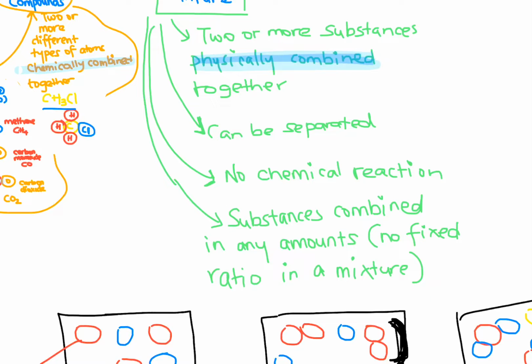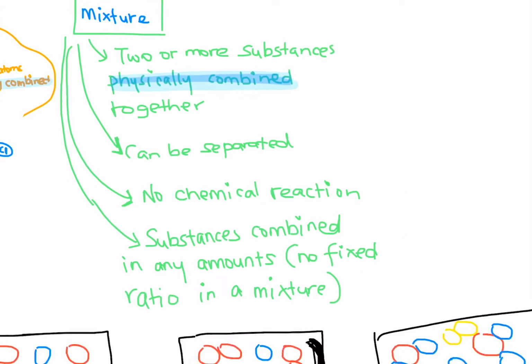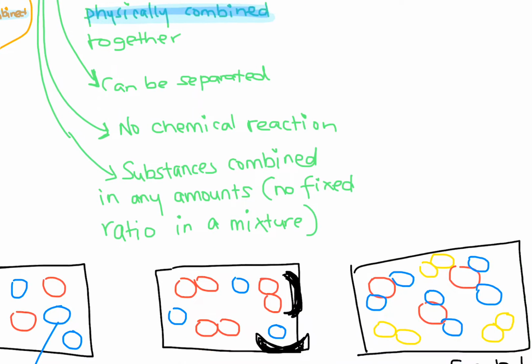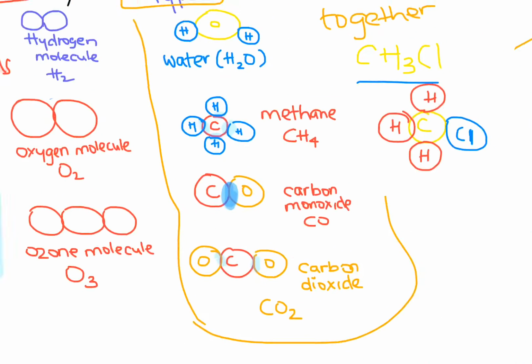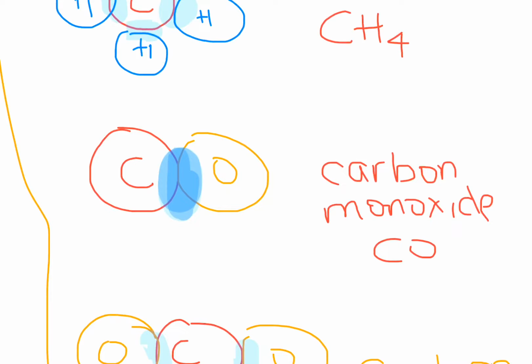There is no chemical reaction in the formation of a mixture, and the substances can be combined in any amounts, which means that if you're making salty water, you can add any amount of salt to any amount of water. You'll still end up with salty water. But let's say you're making carbon monoxide, CO: you need the correct amount of carbon and the correct amount of oxygen.